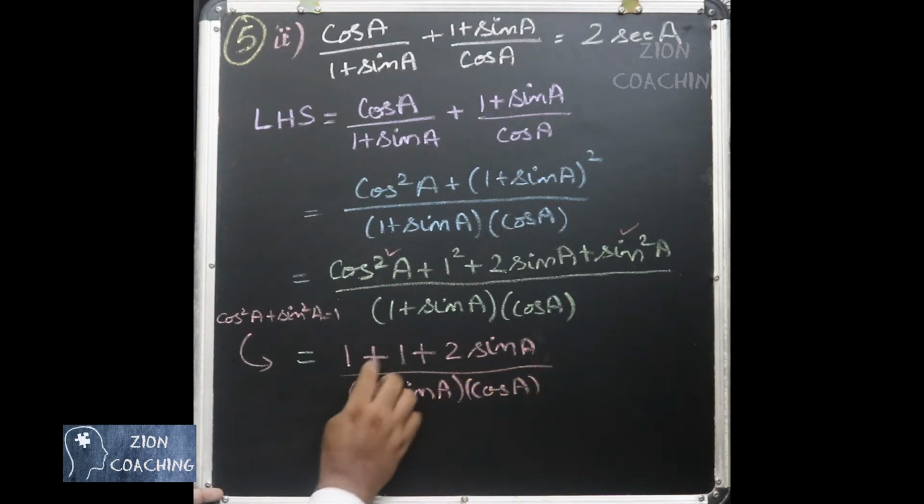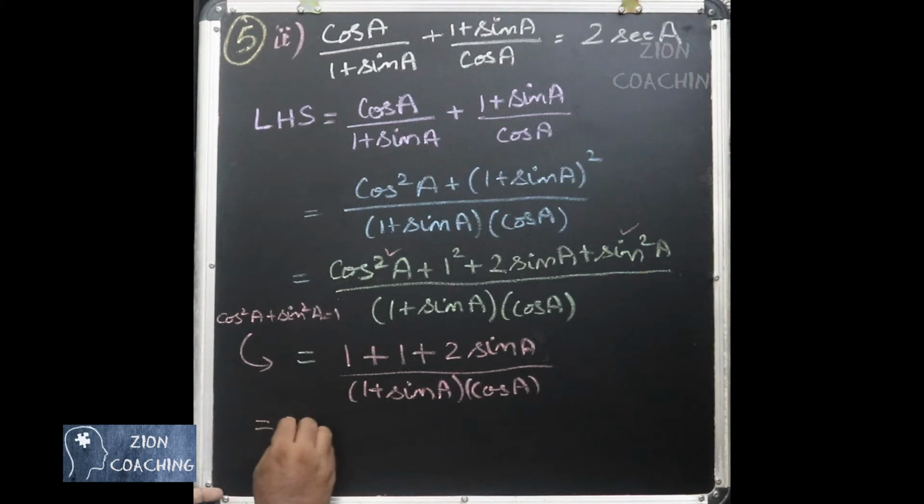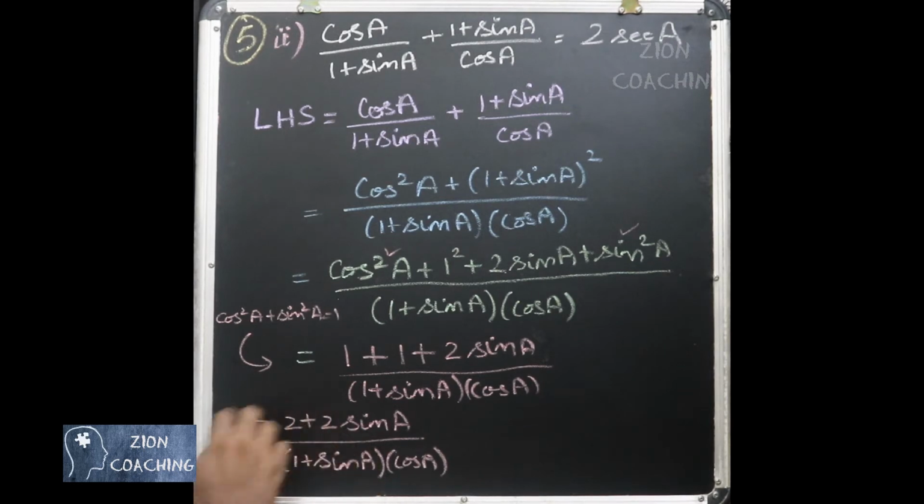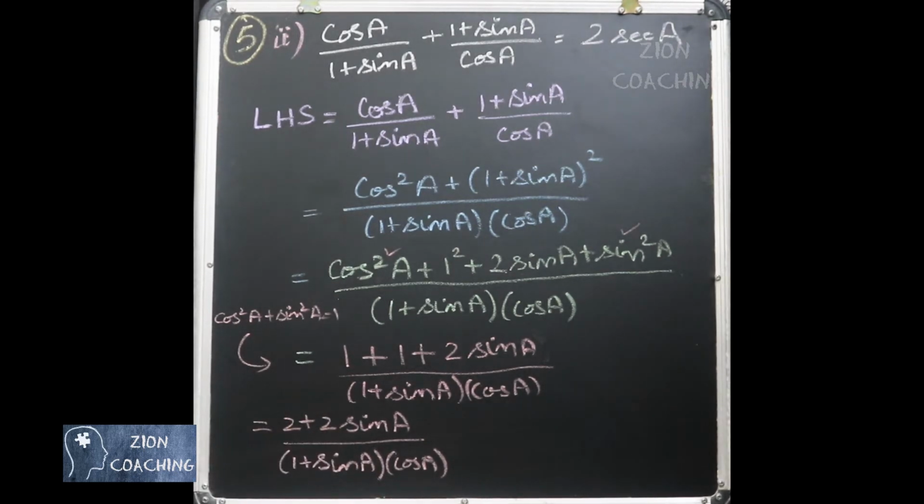Now this is nothing but 2 plus 2 sin A divided by (1 plus sin A) into cos A. Now you can see that 2 is common in both the terms. You can pull out that 2 outside.